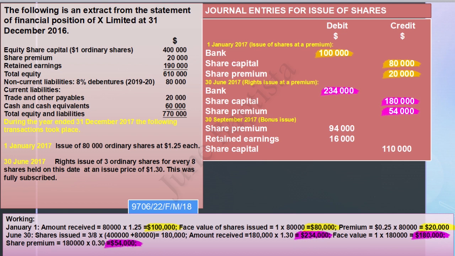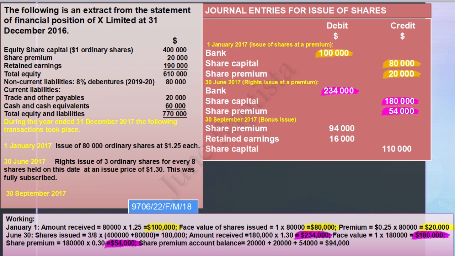Let us now briefly look at the balance on the share premium account after the 2 issues. We started out with $20,000 balance plus $20,000 share premium received on the 1st of Jan, $54,000 share premium received on the 30th of June. Therefore, the total on the share premium account is now $94,000.